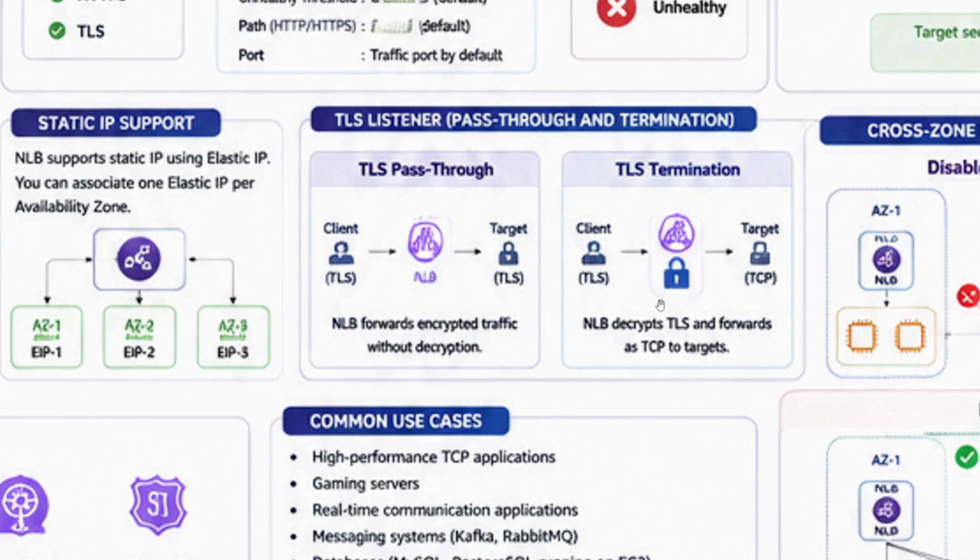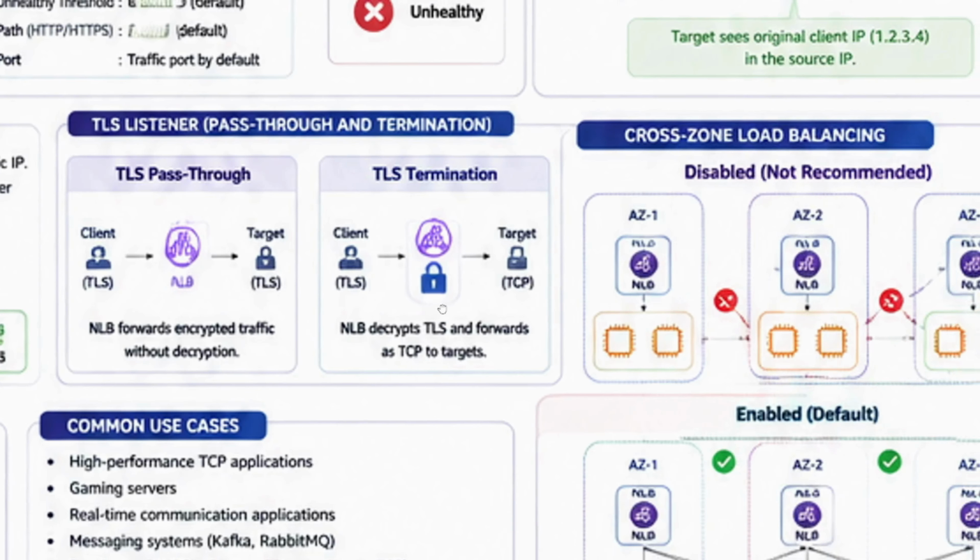And when we say termination, it will end the TLS or the secure socket layer connection here itself, and then it will just forward the TCP to targets. Basically a non-secure request will be sent to the targets. So here it does not have the load of having that certificate, of encrypting and sending the encrypted packet to the target. So here we are terminating the TLS or the SSL.